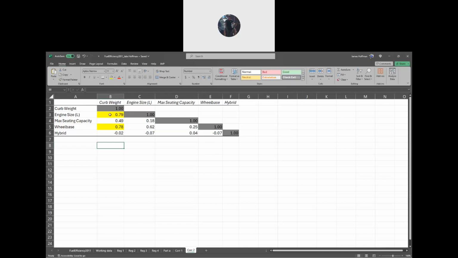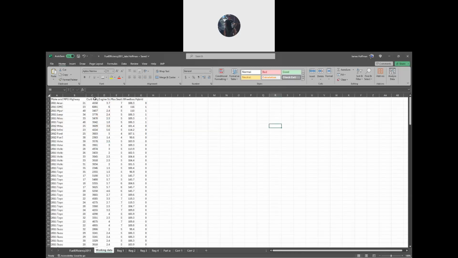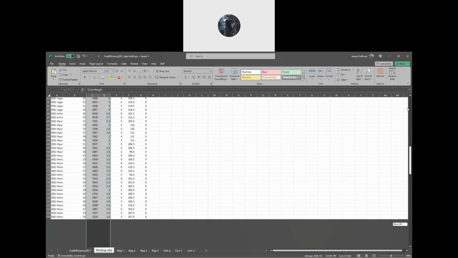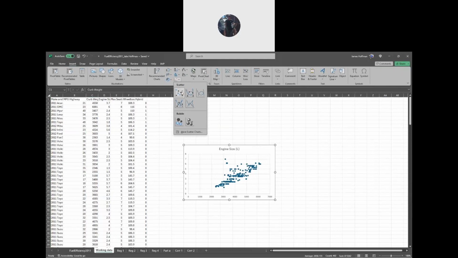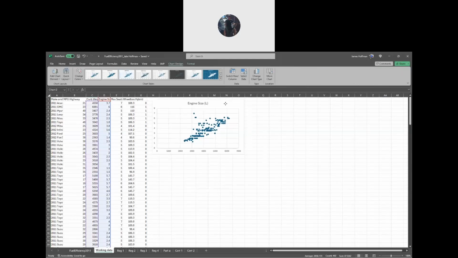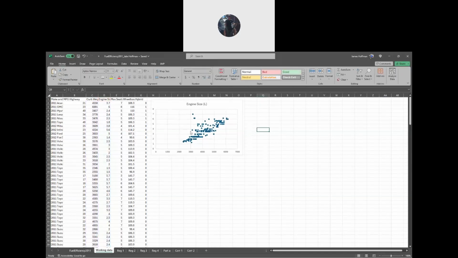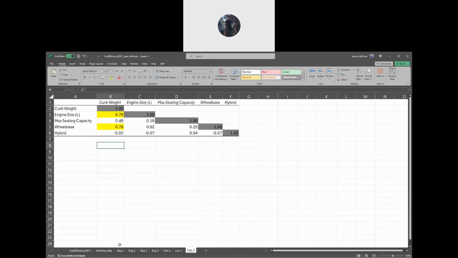Let's look at a graph of curb weight and engine size, and also a graph of curb weight and wheelbase, and see if there's a correlation to deal with. So curb weight, engine size. Just a scatter plot. Oh gee, if that's not a correlation, I don't know what is. And then what was the other one? Curb weight and wheelbase.